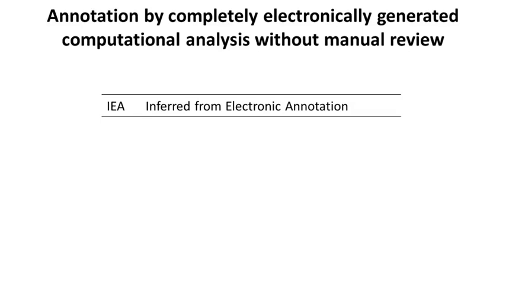These are usually considered weaker evidence than manually reviewed evidence, but they are invaluable in covering orders of magnitude more genes. They are labeled as IEA, for inferred from electronic annotation. The methods used for the inference are similar to what we saw in the last slide.